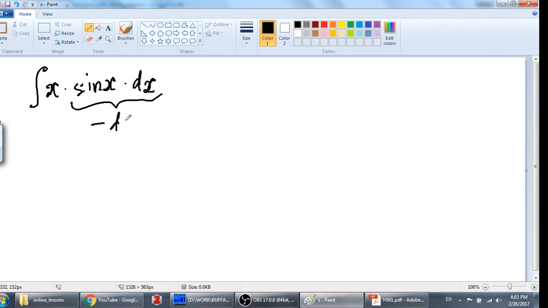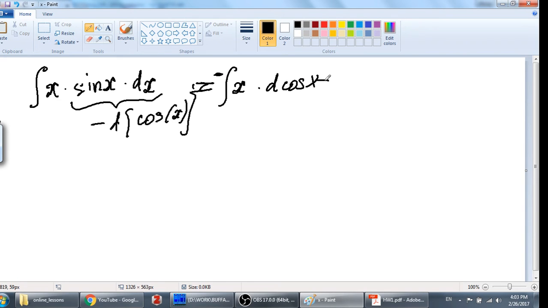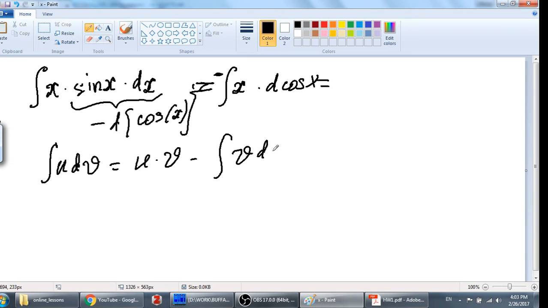So that will be minus the cosine of x, and that's the equation. Then you basically have x d cosine x minus, and if you remember, the integral of u dv is equal to u times v minus, you flip u and v with respect to d, the integral of v du.